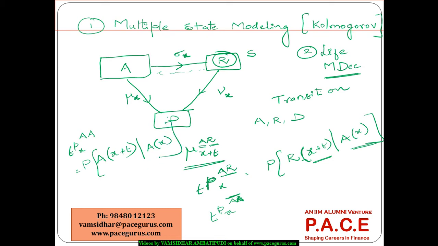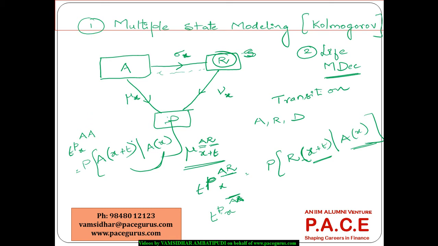But nowhere is there a mention of what happens between x and x plus t. Probably in this example, no issues. He could have gone to retired, but he can't come back from the retired state to active. But imagine it's sickness.